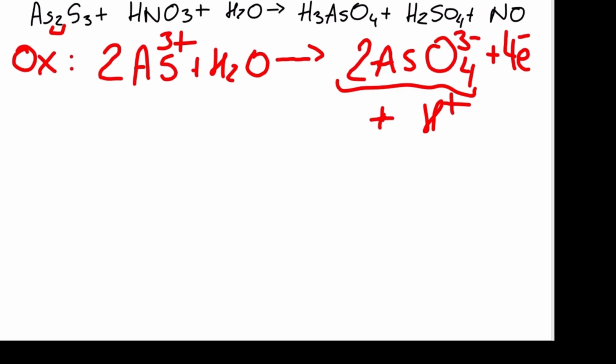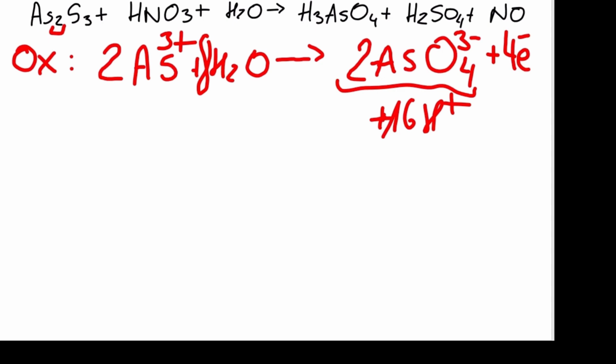We have 8 atoms of oxygen on the right side, so we need 8 particles of water. On the left side we have 16 atoms of hydrogen, so we need 16 hydrogen cations. Everything, in my opinion, is okay.